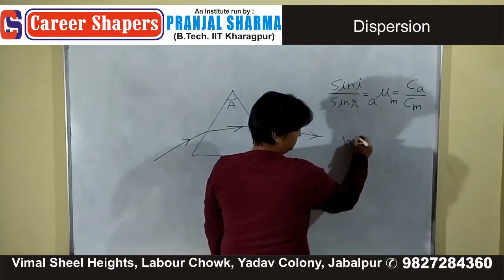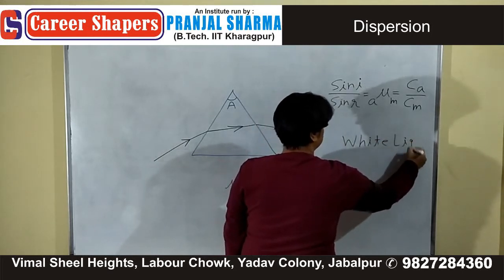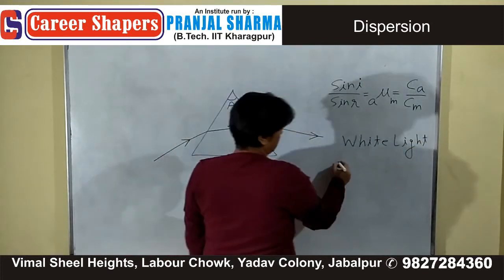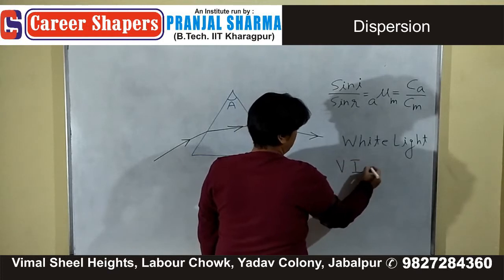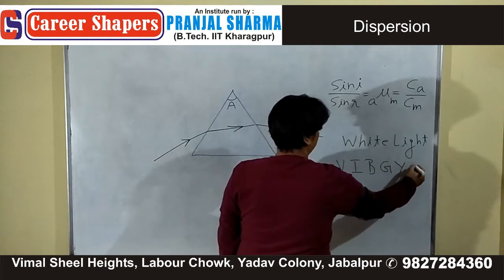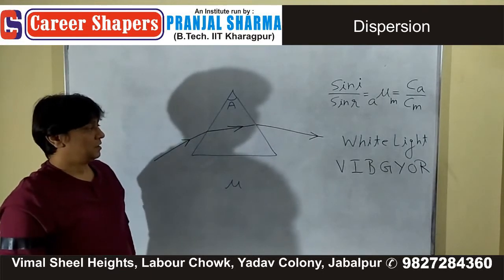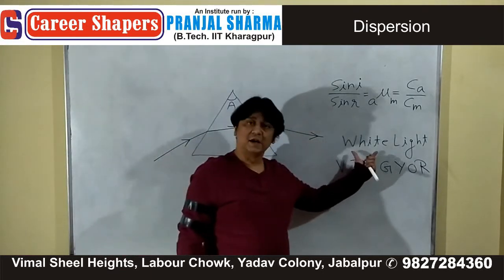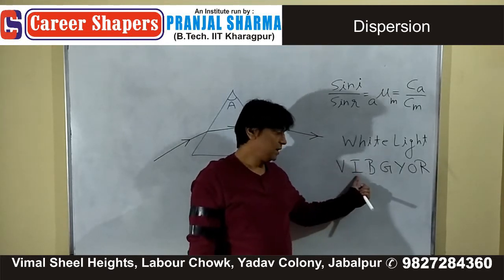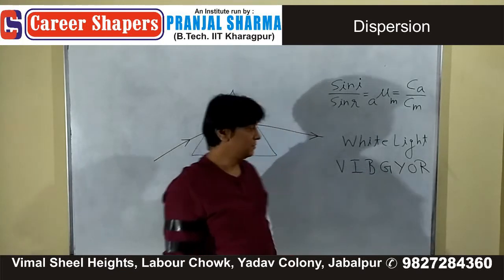White light is basically a collection of violet, indigo, blue, green, yellow, orange and red. White light is what? Violet, indigo, blue, green, yellow, orange and red.